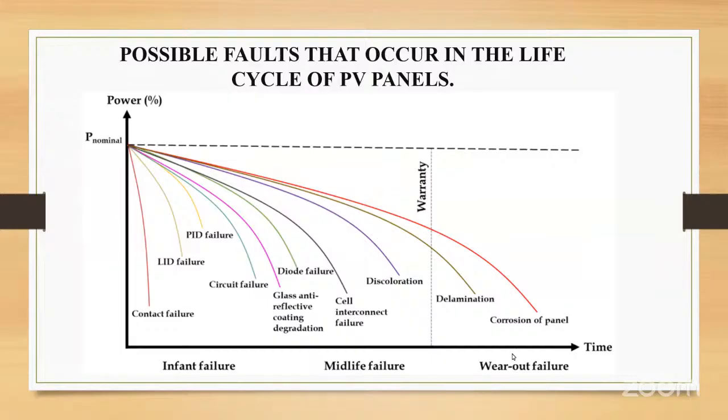And wear out failure means these are all the long term. In the long term failure, we can see there are only two types, delamination and corrosion of the panel. Remaining all the faults that occur are in infant failure and midlife failure.